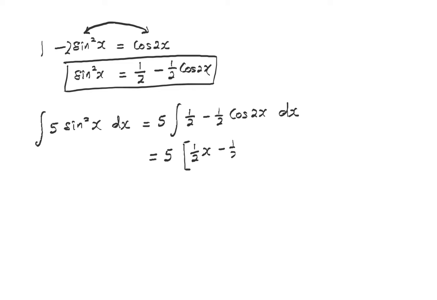You integrate cos, you got sin, right? Over 2. Then plus c. So this is equal to 5 over 2 x minus 5 over 4 sin 2x plus c.